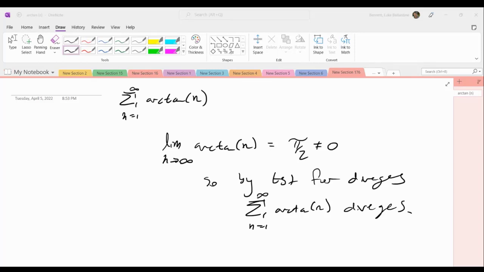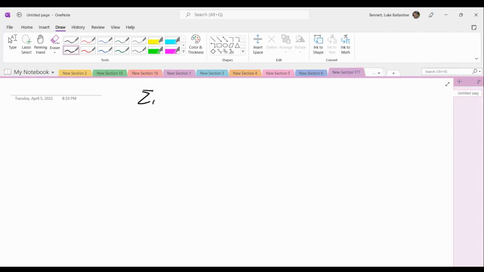Okay. And then this one's pretty interesting. We have the sum n ranges from 1 to infinity of n squared over e to the negative n. Oh wait, e to the positive, no, I got this flipped. Not this one, I'm sorry guys. We have e to the n over n squared.